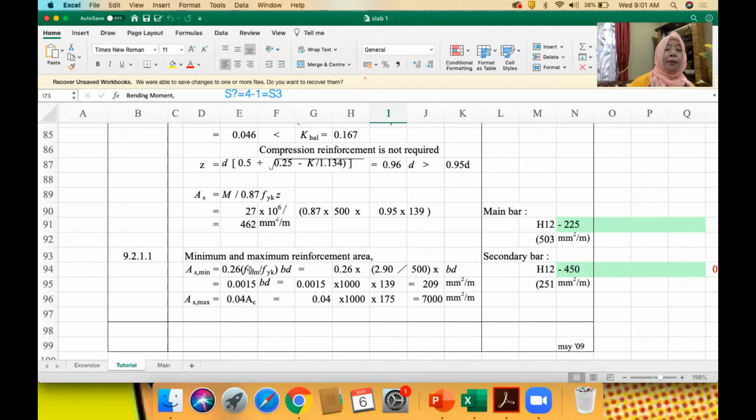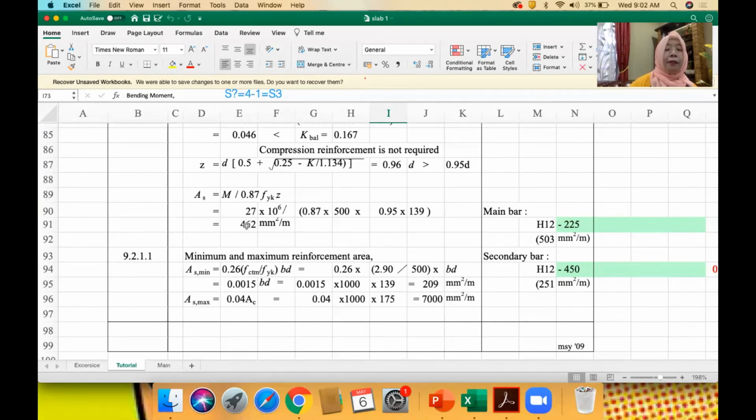The area of reinforcement here must be in between the maximum and minimum. For the minimum, the formula is just similar with the formula used in the beam. So you got 0.26 fctm, mean tensile strength of concrete, b d. So you got 209 as the minimum at least. And maximum is 7,000.